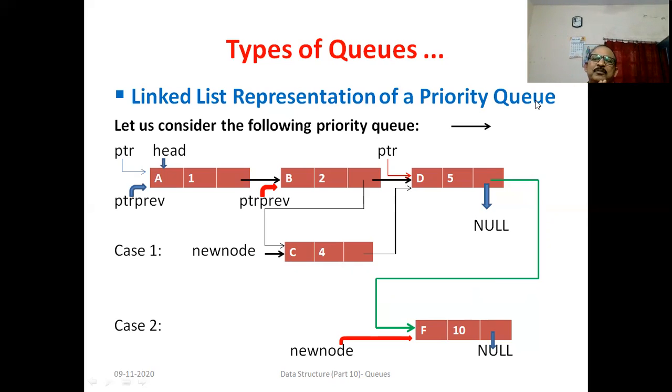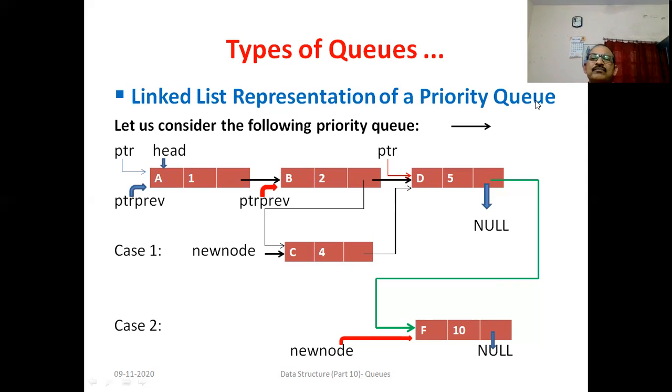In that case, PTR points to that specific node. Here we simply set PTR previous next to the new node, and new node next to the PTR.